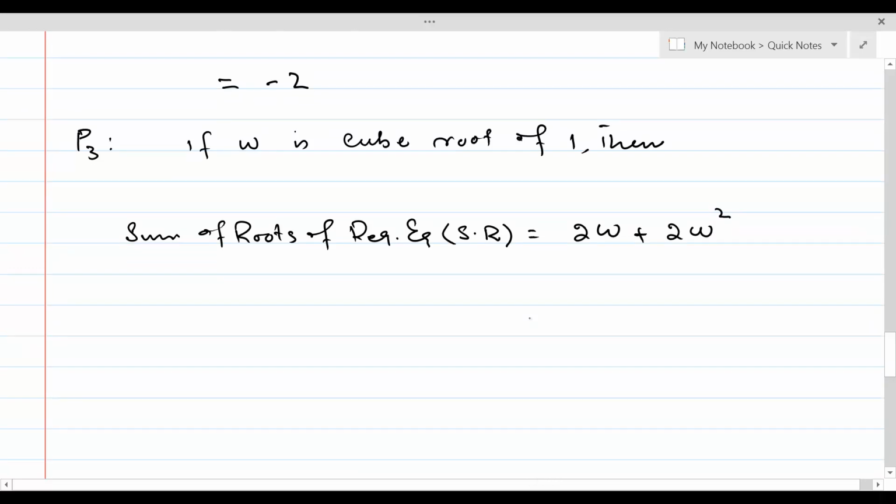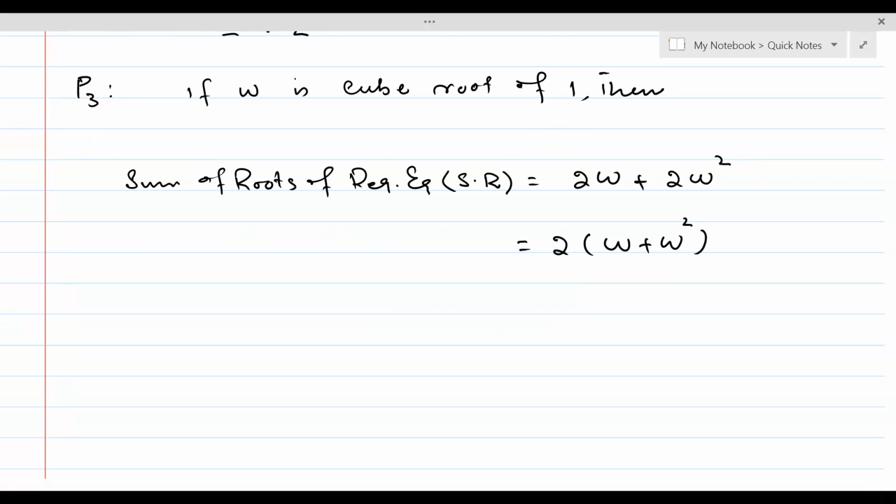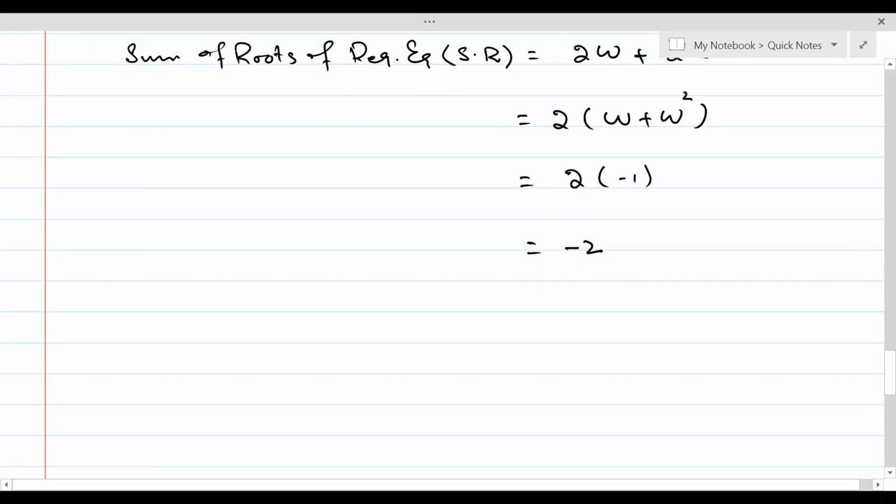So this is equal to 2 times omega plus omega square. We know from the results of the cube roots of unity that this is equal to 2 times minus 1. So this will be equal to minus 2.